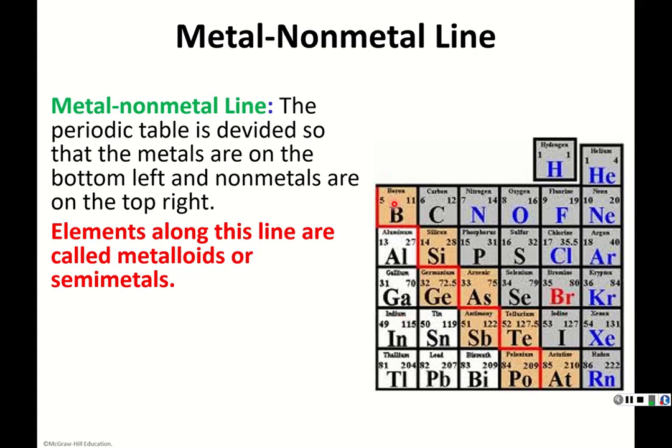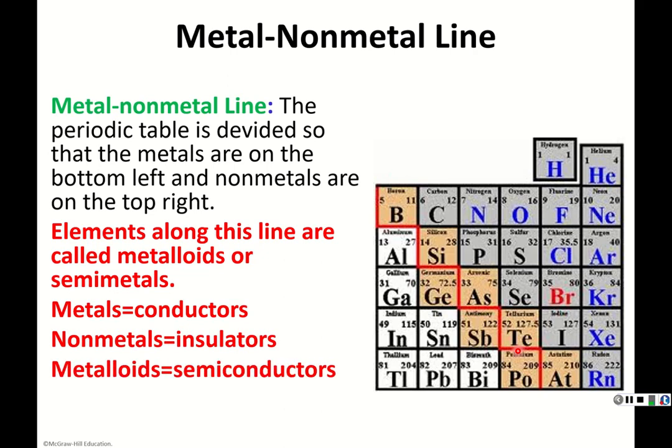And so things like boron, silicon, germanium, arsenic, antimony, these are what we refer to as metalloids. Okay, metals are conductors, nonmetals are insulators. Metalloids are where we get the semiconductors from. Right? And so Silicon Valley is named as such because silicon is used in semiconductors, which are needed for electronics.